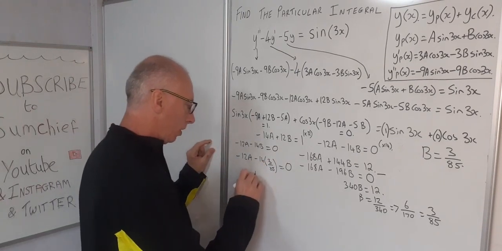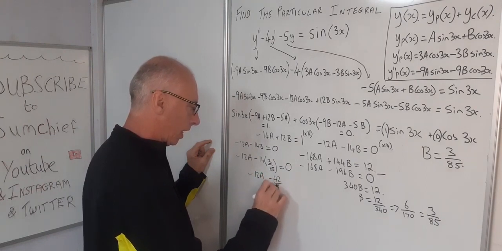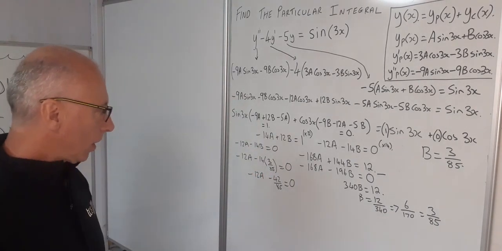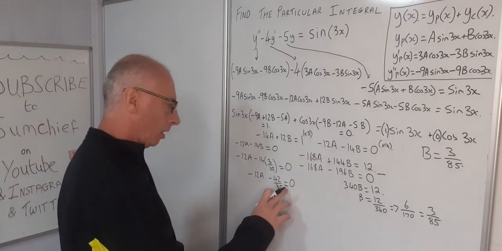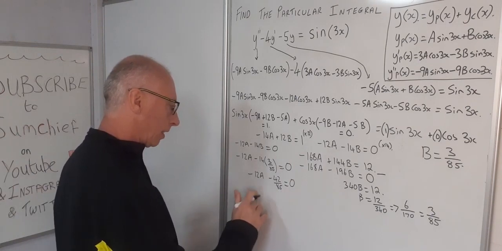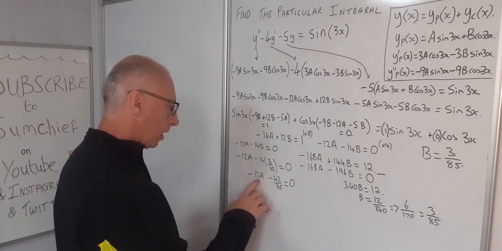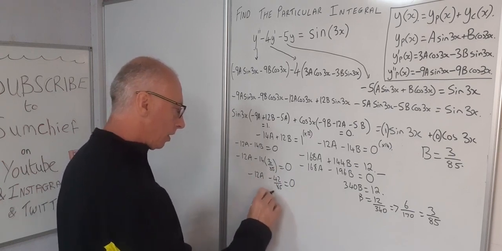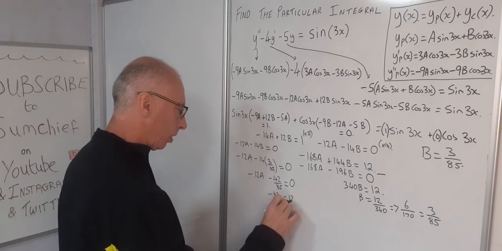So now I've got minus 12a minus 42 over 85 equals 0. Okay, now we're going to have our best mental arithmetic on show here to try and get this correct. So let's go minus 12a, let's keep that on this side. So now I'm going to get minus 42 over 85 equals 12a.